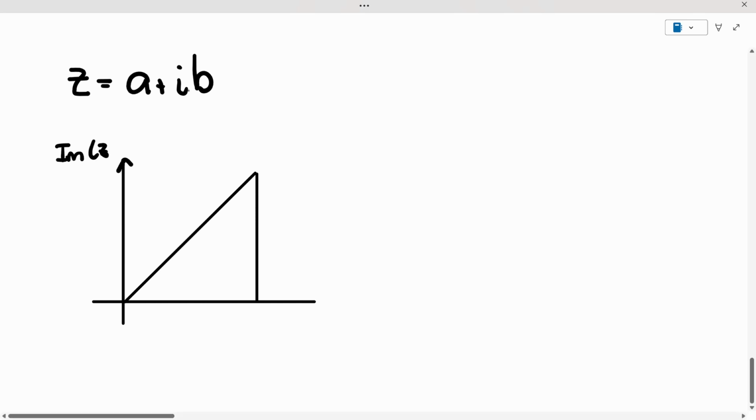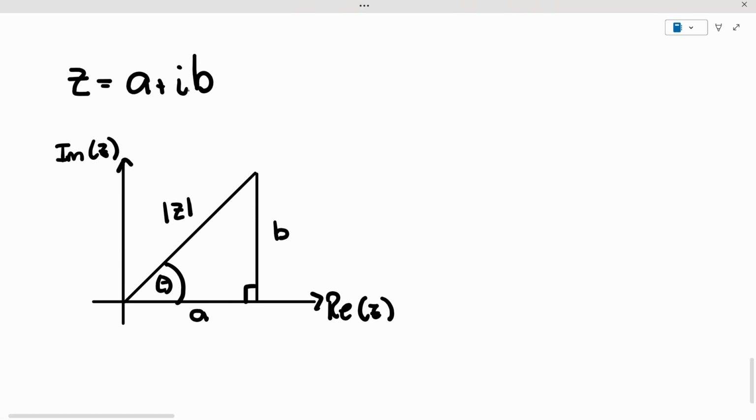This is our imaginary, this is our real, right? Of course, this is a perpendicular here, and this is the angle theta. We move a units along the real axis and b units along the imaginary axis. We know that this is the modulus or length of the complex number, this hypotenuse here.